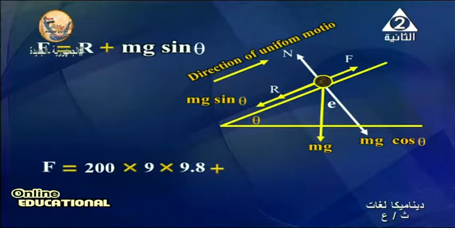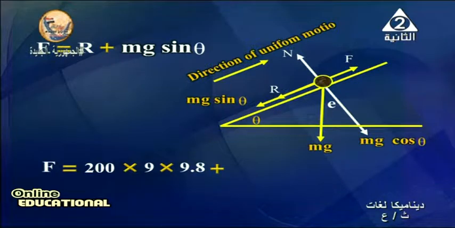Then F equals 200 times 9 times 9.8. 200 is the resistance per each ton in kilogram weight, times 9. Then 200 times 9 is the total resistance in kilogram weight, times 9.8.